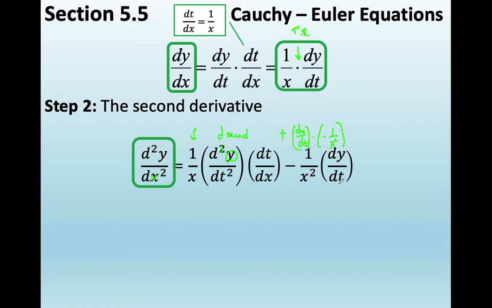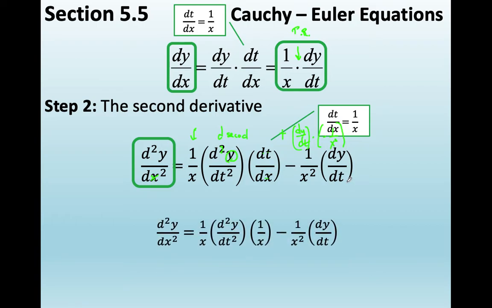And that's where this term comes from. I'm going to put in 1 over x there for dt over dx, and I clean stuff up a little bit, and I just replace this right here.